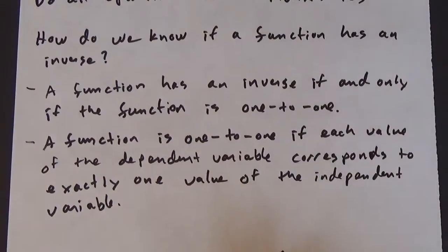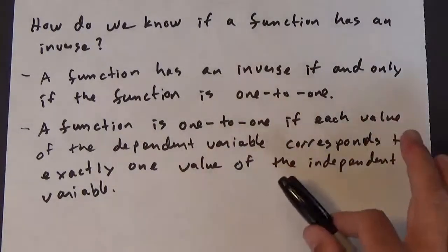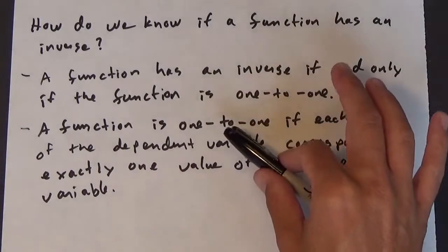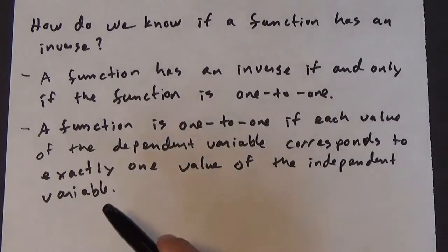All right. Now, I wanted to give the more correct version of this first, because really, dependent variable we say is the y, independent variable is the x, but technically they don't have to be x and y. It can be t and v or whatever. But anyways, a function is 1 to 1 if each value of y corresponds to one value of x.